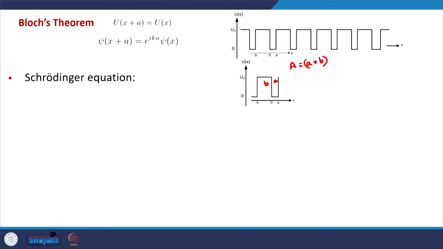I would take a pause here and bring it to your notice that this k parameter comes from Bloch's theorem. In our earlier derivations, this k parameter was coming from the derivation of the Schrodinger equation, but here it is coming differently.